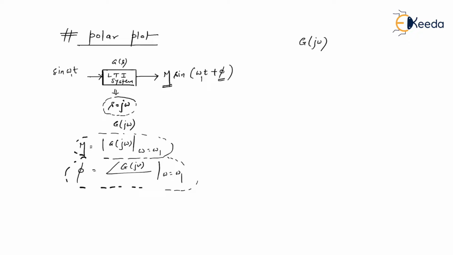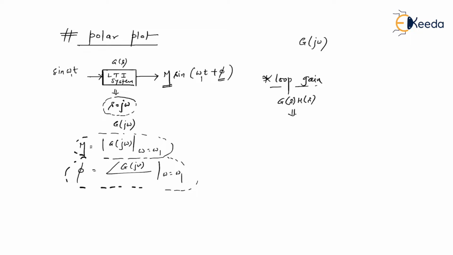So what is meant by polar plot? In general, let's say we have a loop gain, that is gh, or g of s into h of s. This loop gain is nothing but g of s into h of s.